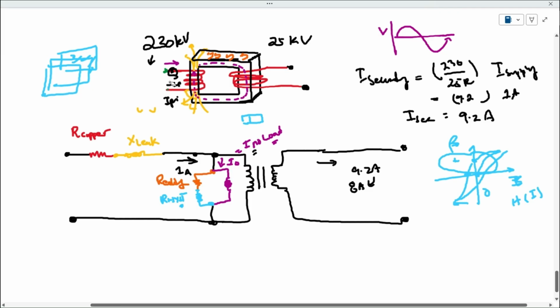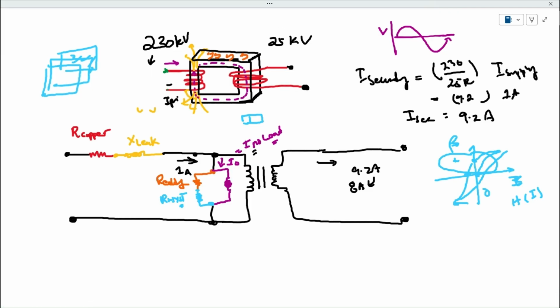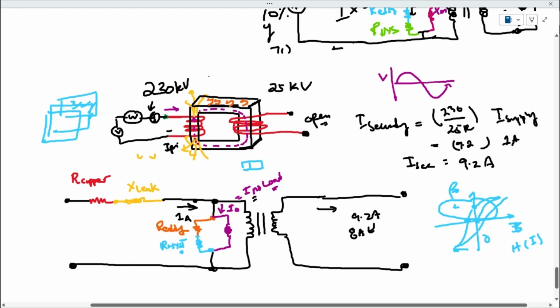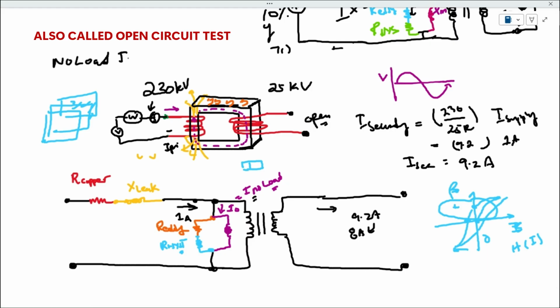So if I make it a little bit simpler and draw it out again, we've got the voltage, then the watt meter, and an amp meter, like that. And this side is open over here. This setup is called the no load test.